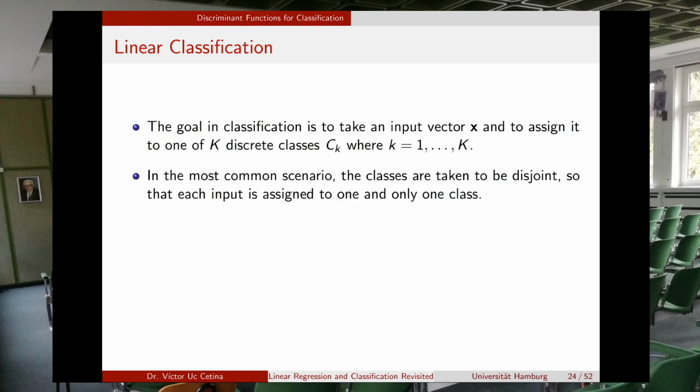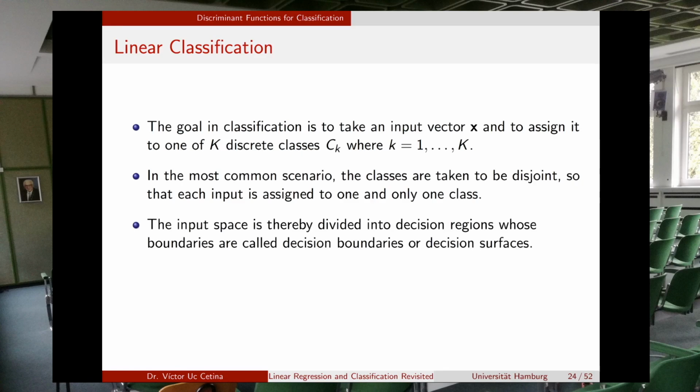Like if we take a number, it could be a 1 or a 2, but it could not be a 1 and also a 2. So they are classes that are disjoint. They can belong only to one class. So this is the most common scenario, although you can find problems in which the inputs could belong to two or more classes, but this is not common.